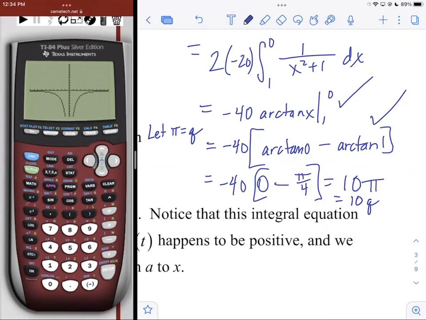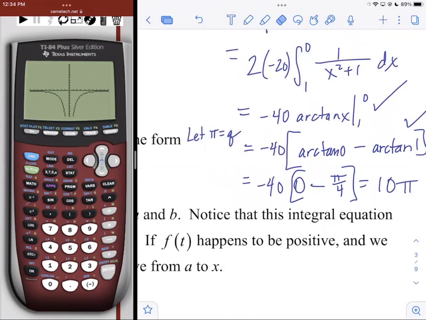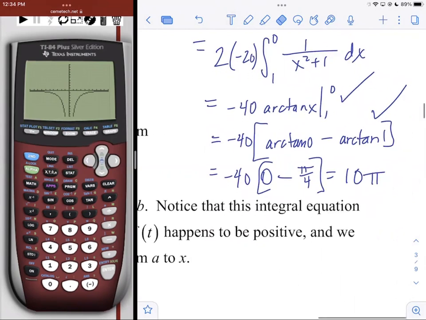You're welcome. See, that's a long way to go for some bad math joke. Bad dad math joke. All right. 10Q. You're welcome. So save those types of shenanigans for the math club meeting, not for the AP exam.